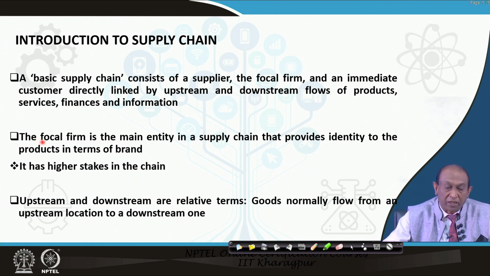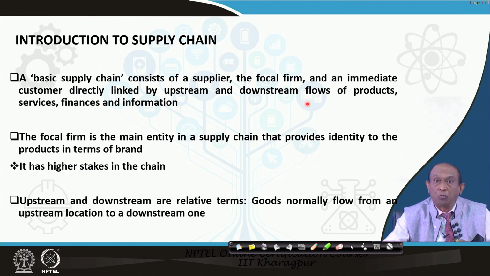In every supply chain, the focal firm is the main entity that provides identity to the products in terms of brand. It has higher stakes in the chain and hence it is the most dominant entity in the entire supply chain. Now, there are two more terms that you should be familiar with, upstream and downstream. These are basically relative terms. Goods and services normally flow from an upstream location to a downstream one.